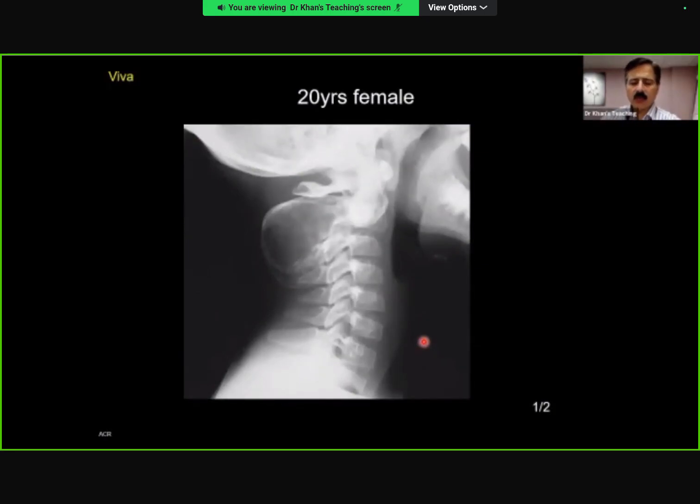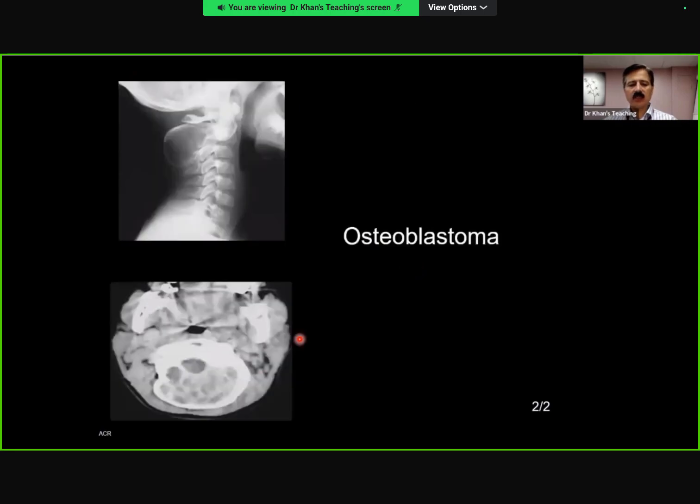Well done. Now, the take-home point is that irony is that osteoblastoma is a bone-forming tumor, but the nidus itself is lucent. In the spine, the differential diagnosis is with an ABC, aneurysmal bone cyst, and it can be as big as this, and it can be something like this.